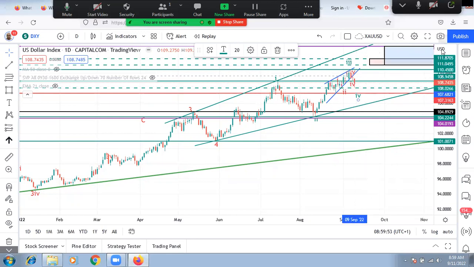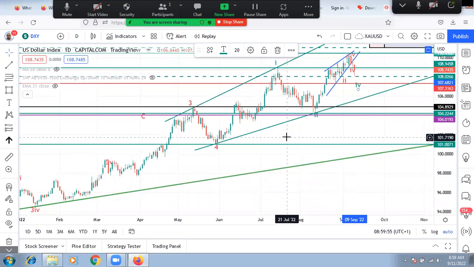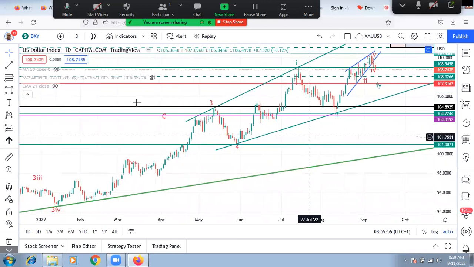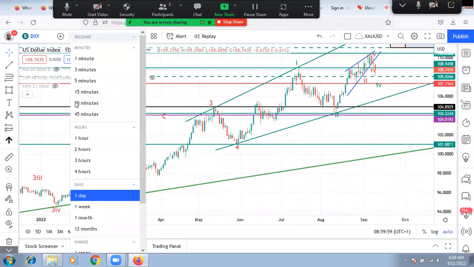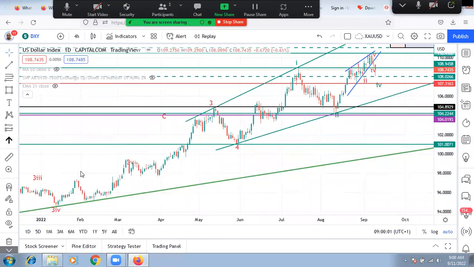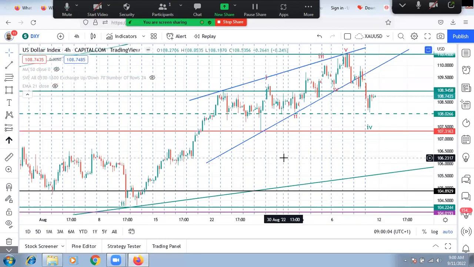So now, let's look deeper into the structure that we have. This is daily. Let's go into the 4 hourly. It's very important I show us this. Looking at the 4 hourly, this also had given us an ending structure here. That is one thing that is huge. Is it an ending structure really?